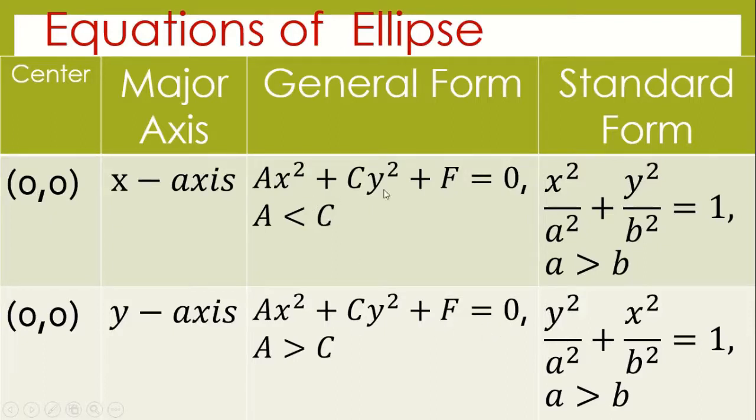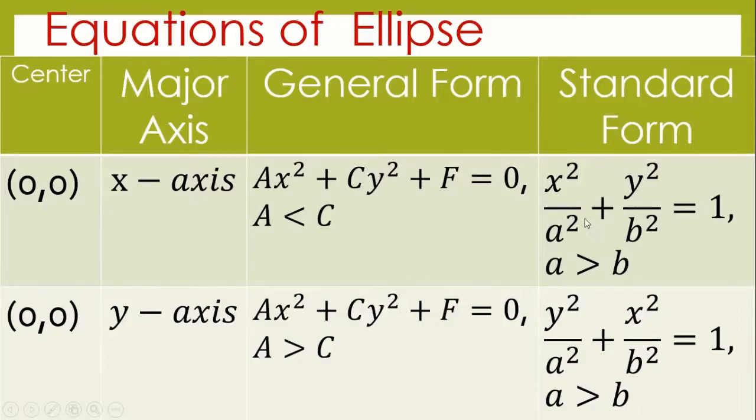Mapapansin nyo, parehas lang siya nung ating first general equation of an ellipse. Happens lang dito sa ikalawa, a is greater than c. Yung sa nauna, a is less than c. Now, the equivalent standard equation of an ellipse is y squared over a squared plus x squared over b squared equals 1. Still, a is greater than b.